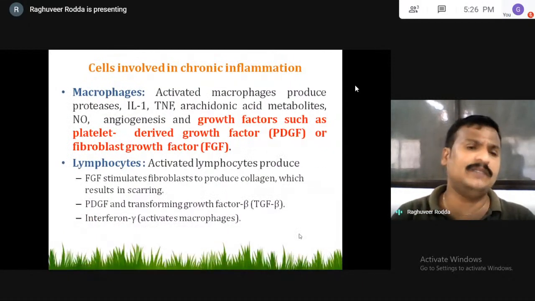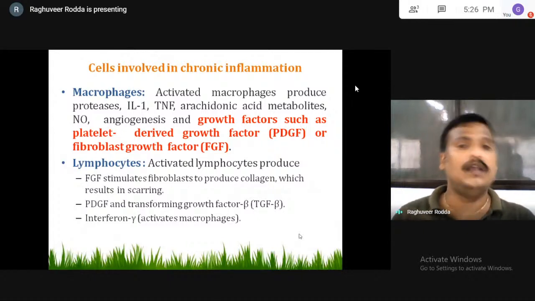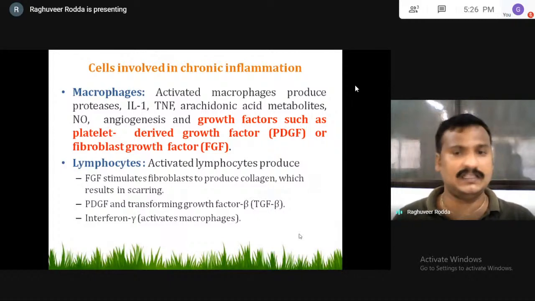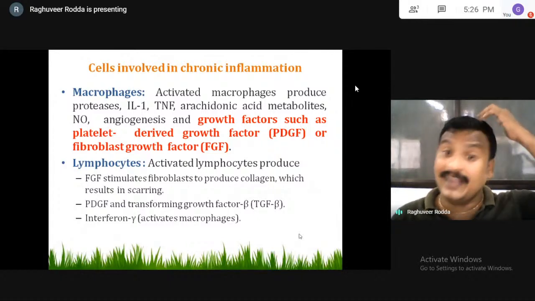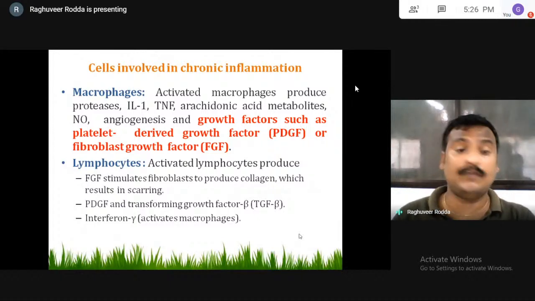So what are the basic cells involved? Basic cells like macrophages, activated macrophages and modified macrophages, interleukin 1, TNF alpha, arachidonic acid metabolites, and growth factors such as platelet-derived growth factor and fibroblast growth factor. Fibroblast cells are very important cells present in wound healing, because inflammation is one type of repair process.